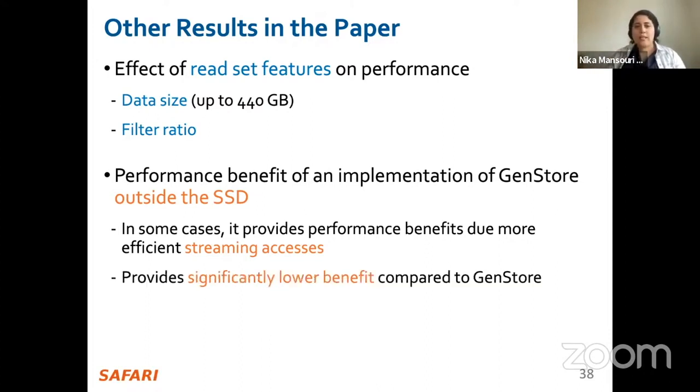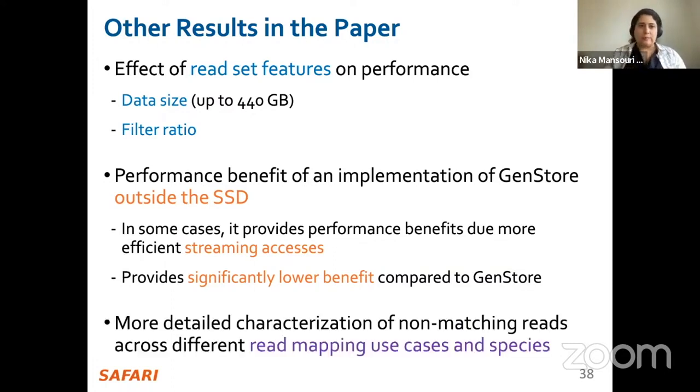But it provides a significantly lower benefit compared to GenStore, because in the end, the index is large and needs to be streamed outside the SSD. So we show significantly larger performance benefit for GenStore inside the SSD.